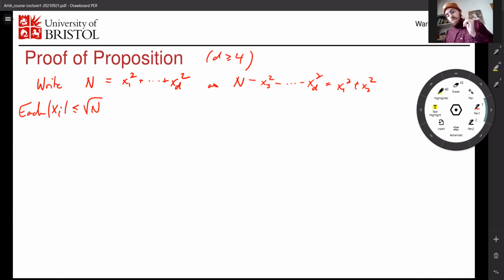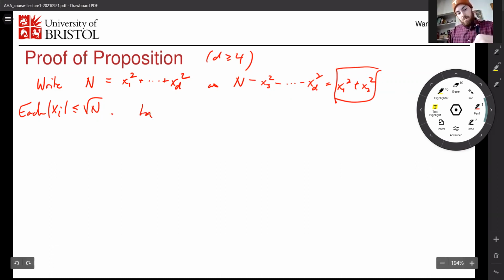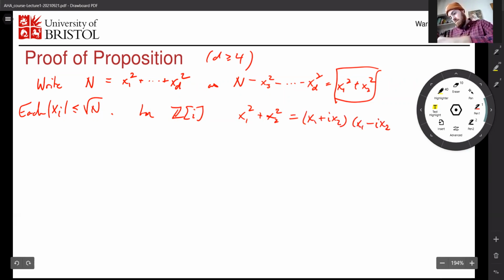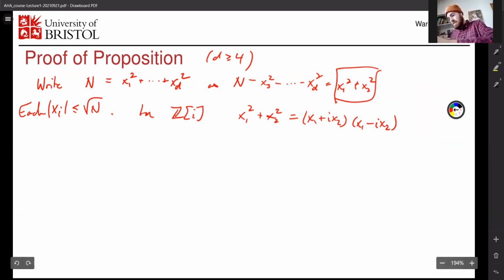Okay, so the important fact we're going to use here is that in Z adjoin i, where i is, of course, the square root of negative 1, I can write this as a product of two things. So that equals x1 plus i x2 times x1 minus i x2, right? As Gaussian integers. Z adjoin i is the ring of Gaussian integers.